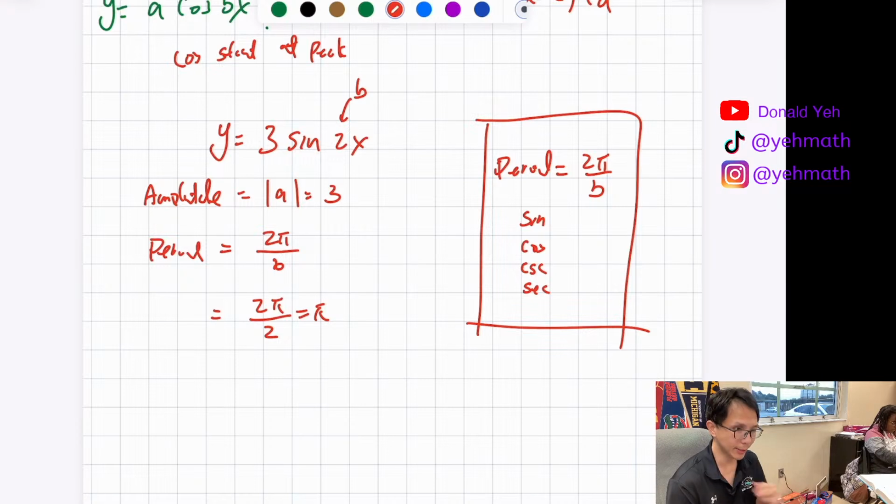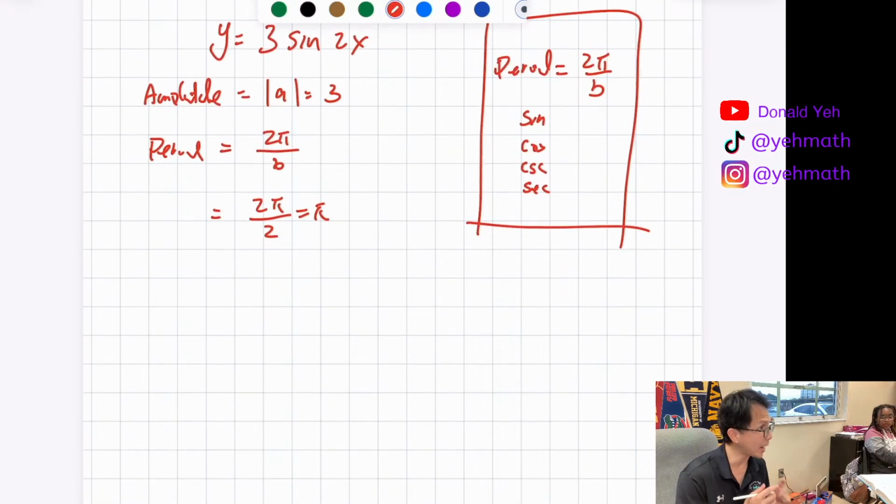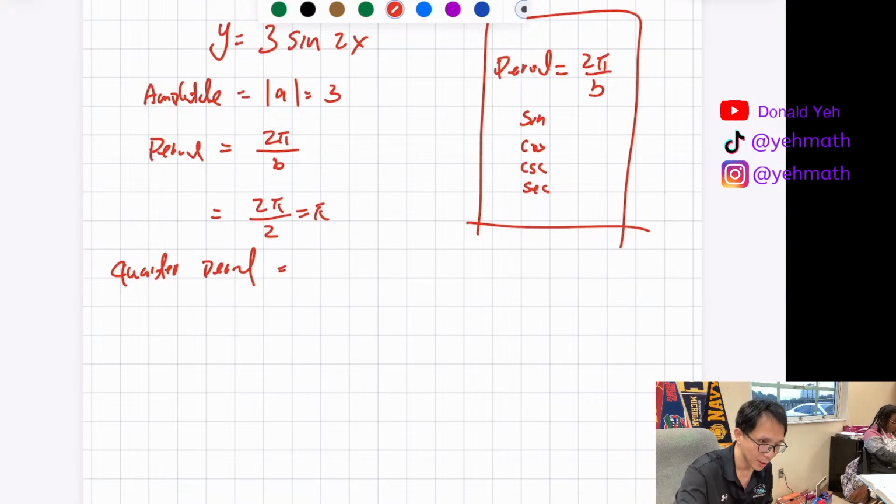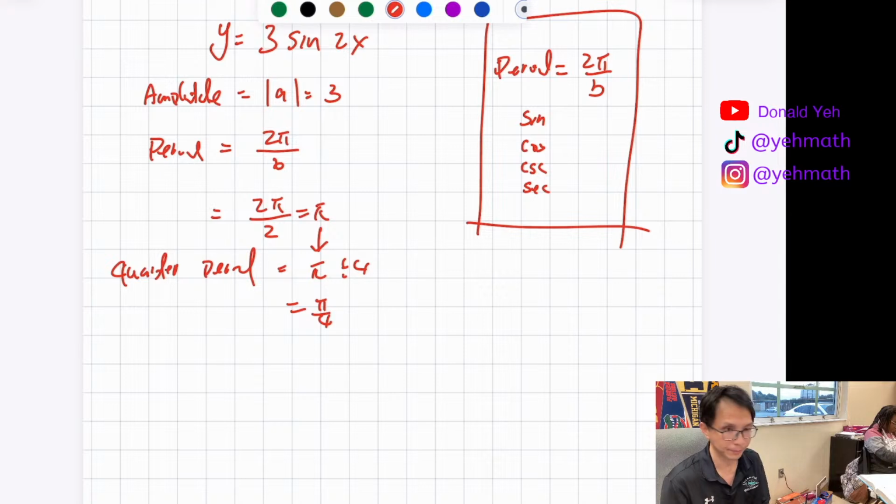In this, one more idea is I always told students to find out quarter periods, because usually a graph is graphed with 5 points. You want to cut it into 4 sections. Quarter period is going to be take this pi and divide by 4. So it'll be pi over 4. So that's what quarter period is.